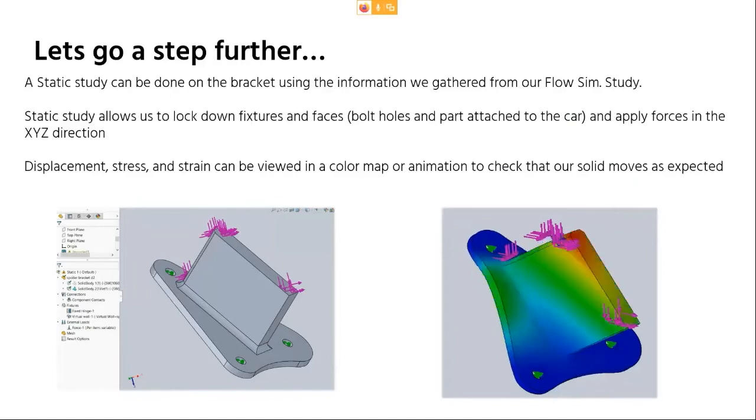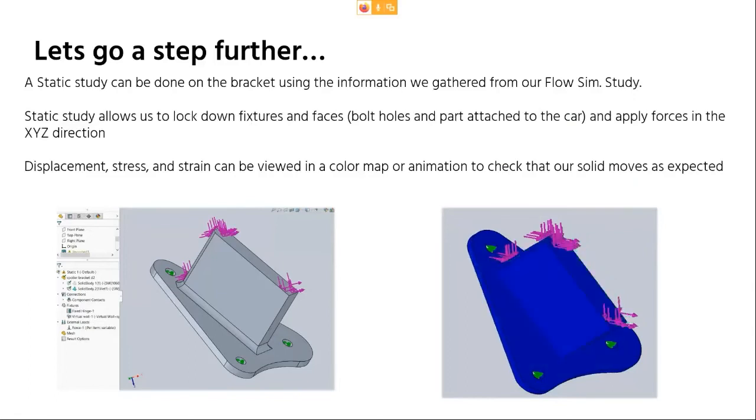So a static study allows us to lock down a fixture in different spots. In this case, I used the hinges to add in bolt locations and a virtual wall to replicate where the car would be for this bracket. And then I applied some stresses and strains to it. And with that, after applying a couple of the initial setups, I'm able to run a simulation really quickly.